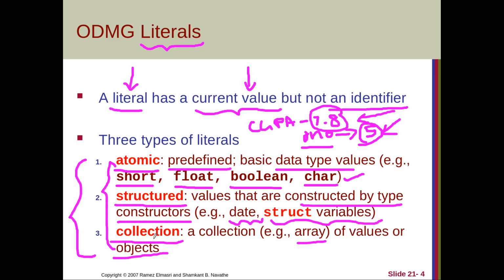And the third category is the collection type, where we have a group of values together forming a single object or part of an object, which can be called a collection literal. So every object will have any of these three categories of literals. We will see this in detail, and we will see some examples also.